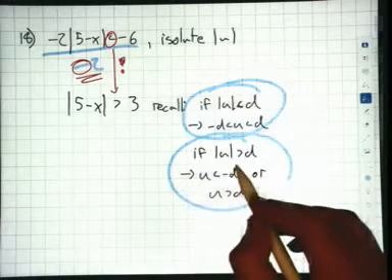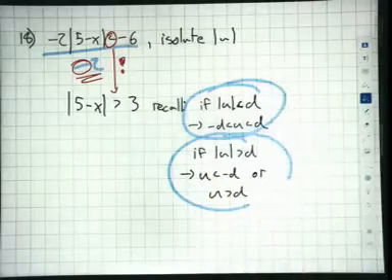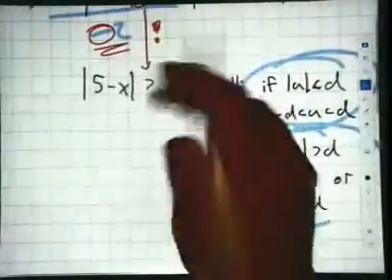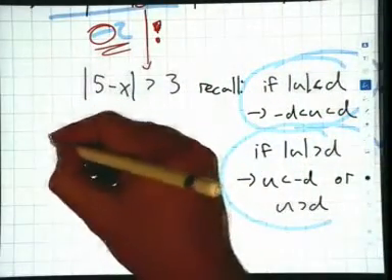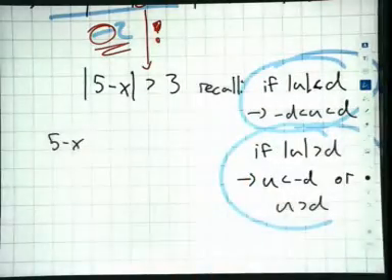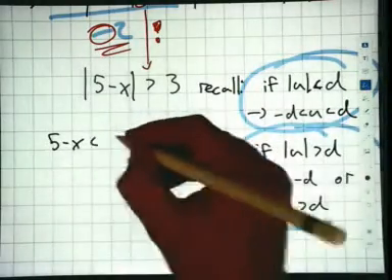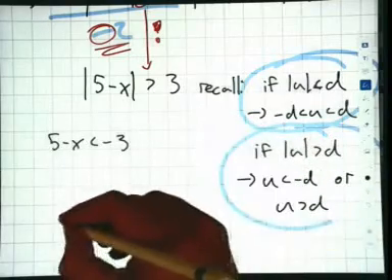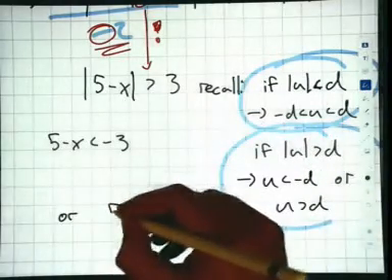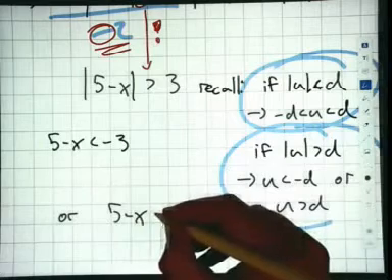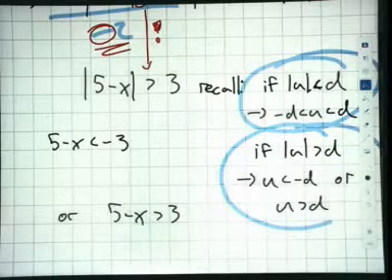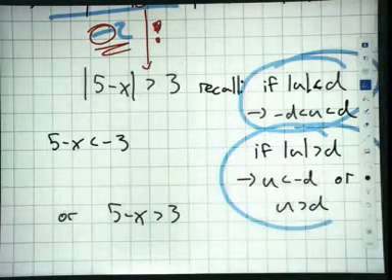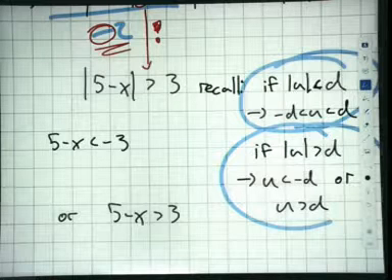So that means I'm going to use this statement right here. We have two things to say: 5 minus x is either less than negative 3, or 5 minus x is greater than 3. Those are our two inequalities that we have to solve.